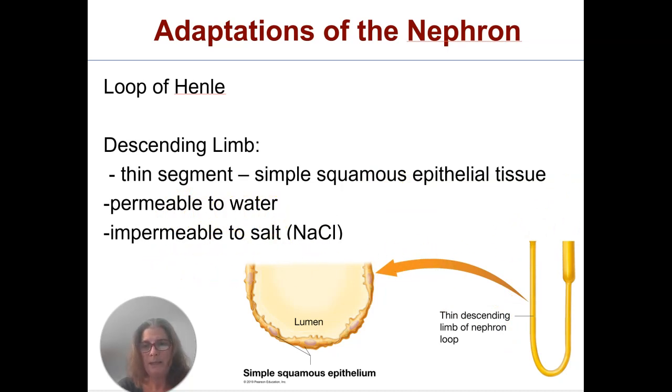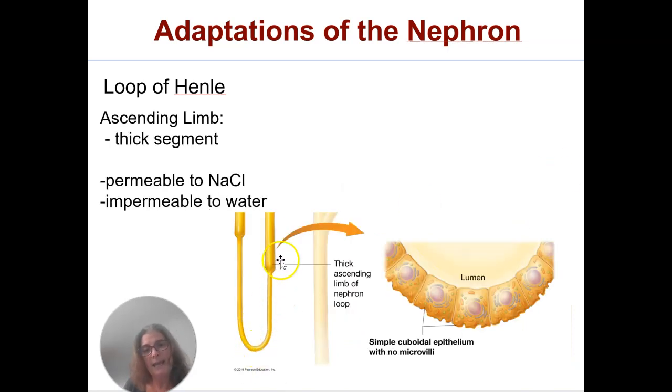So what that means is that water can leave the filtrate, but not salt. And the salts we're looking at are NaCl, sodium chloride. If we look at the ascending limb, on the other hand, it's called the thick segment. That one's permeable to salts, but impermeable to water. Now, this will be important in a couple lectures, but the salts are able to leave, but not the water.